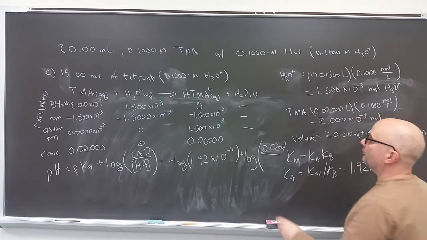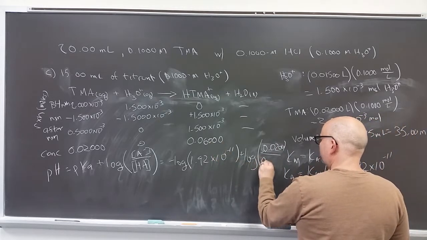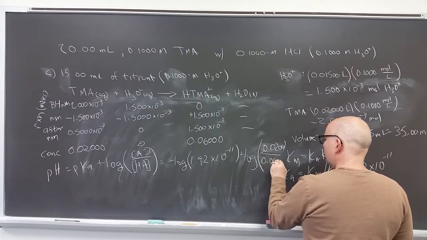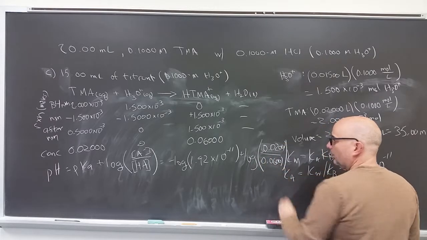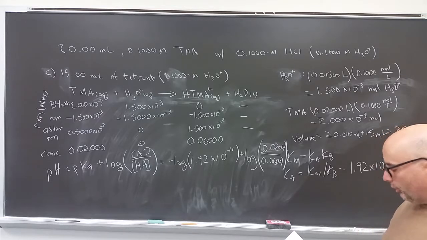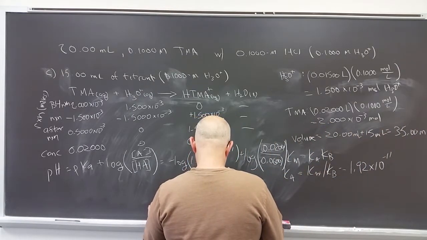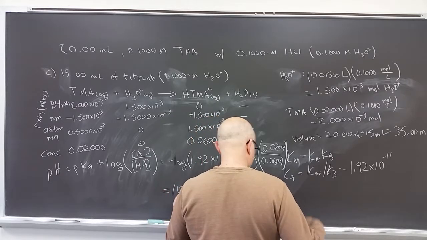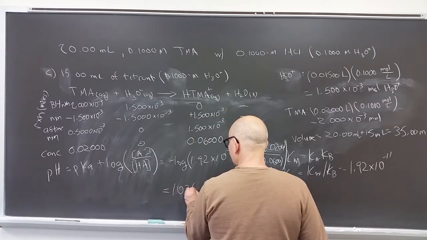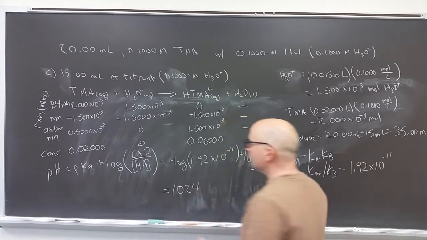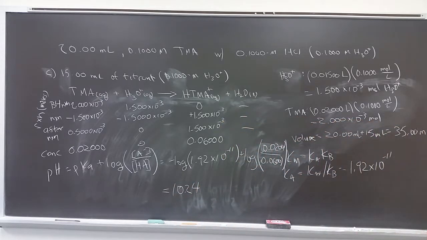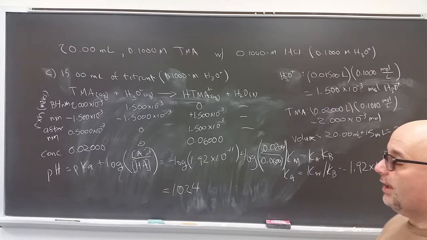The acid is the trimethylammonium. It has a concentration of 0.06 molar. And if you plug all those numbers through, you get a pH of 10.24. Which is a reasonable number. We're still in a basic regime, but again, we're not done titrating the weak base, so that's to be expected. And next up, we'll get the pH at the equivalence point.